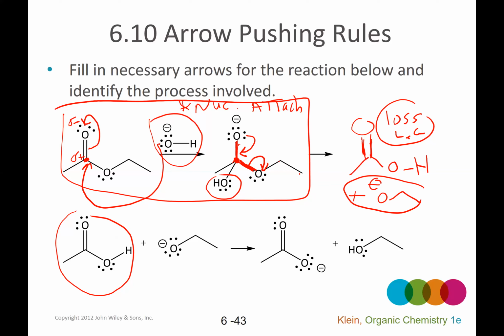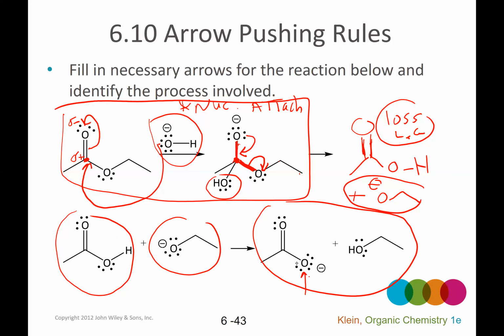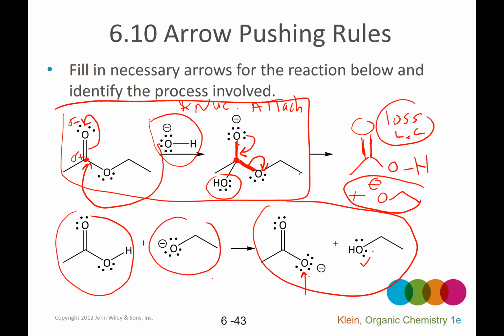And the final step, you see, we start here. And these are the products. So what's happened? This carboxylic acid has lost a hydrogen. And this O minus has picked up a hydrogen. So that is a proton transfer. Okay.